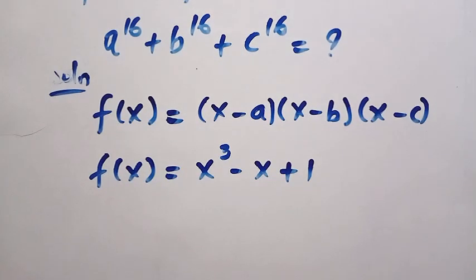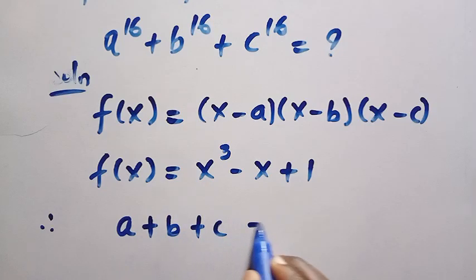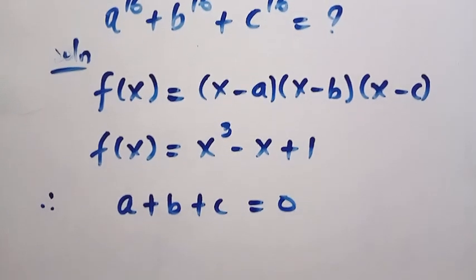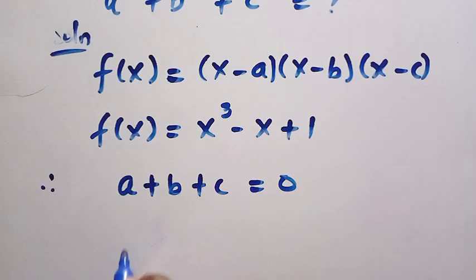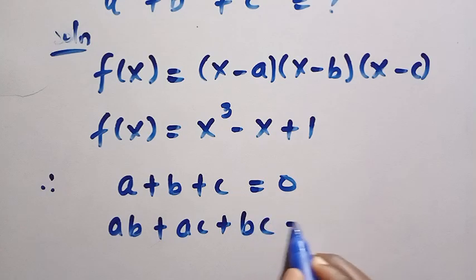Having this one separate, we recall Vieta's formula, which says a plus b plus c equals 0, and ab plus ac plus bc equals minus 1.